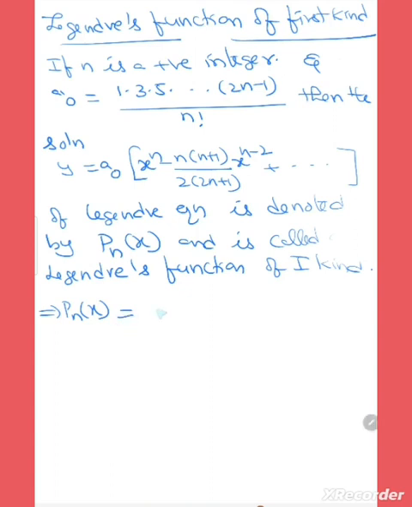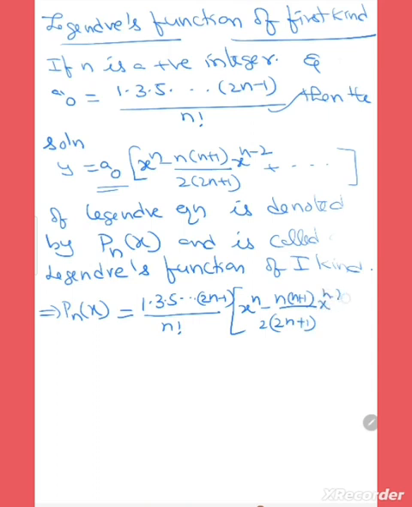Pn of x is equals to 1 into 3 up to 2n minus 1 by n factorial into x to the power of n minus n into n plus 1 by 2 into 2n plus 1 times x to the power of n minus 2 and so on.